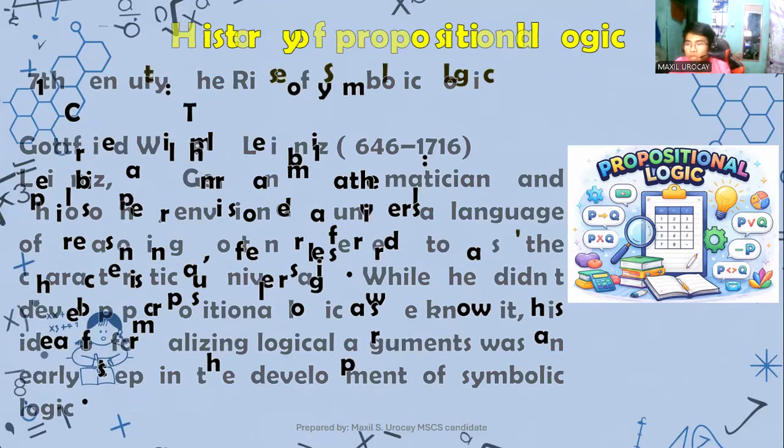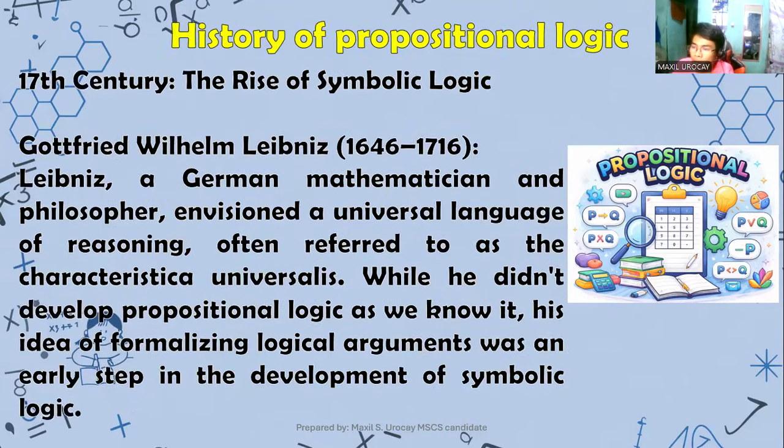Now, another point in the history of propositional logic is the 17th century, the rise of symbolic logic. Symbolic logic was developed by Gottfried Wilhelm Leibniz, if I'm correct, 1646 up until 1716.